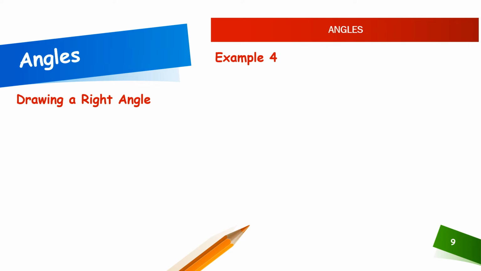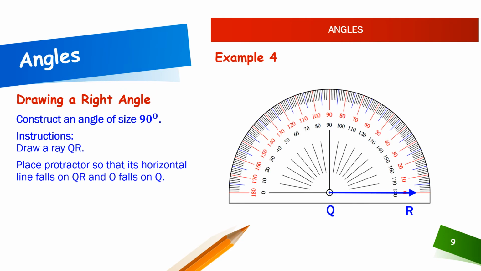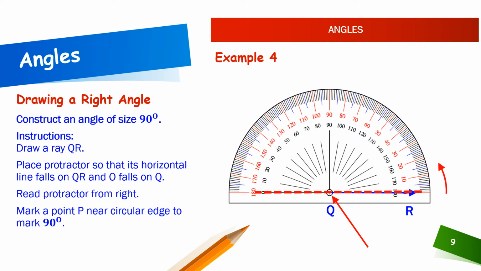We will now see how to draw a right angle. Recall that a right angle is an angle of size 90 degrees. Begin by drawing a ray QR. Place the protractor so that its horizontal line falls on QR and O falls on Q. Next, read the protractor from the right and mark a point P near the circular edge to mark 90 degrees.